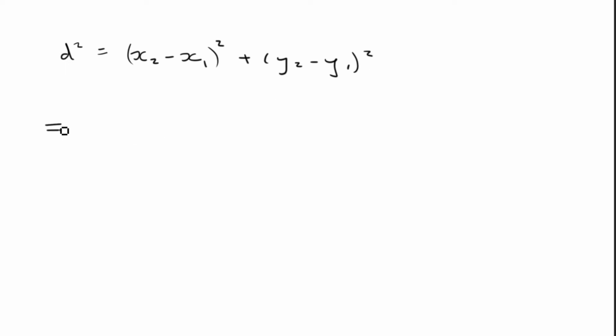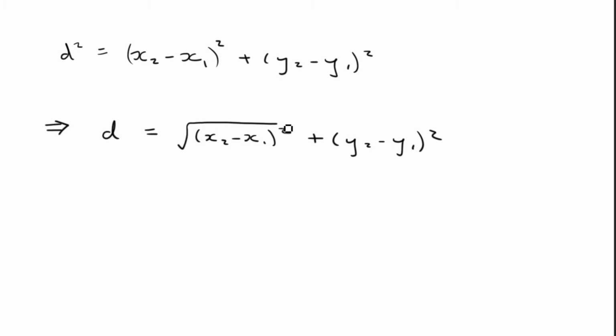So therefore the distance between 2 points with coordinates x1, y1 and x2, y2 will always be given by x2 minus x1 squared plus y2 minus y1 squared, and the whole thing square rooted.